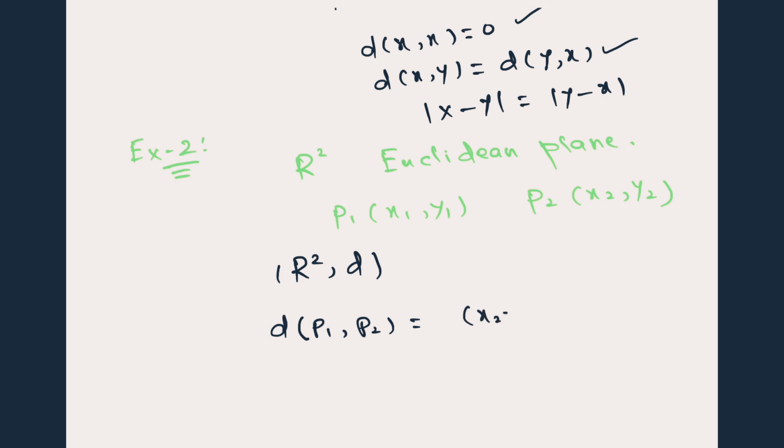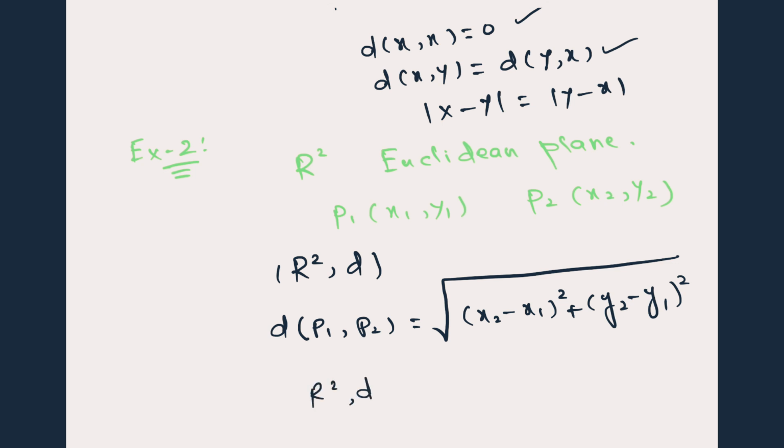This will be the square root of x2 minus x1 squared plus y2 minus y1 squared. So, this defines a metric space. We can easily verify that for the same point in the Euclidean plane, this will always be 0. Similarly, this is also commutative, and this also obeys the triangular inequality. So, R2, D is a metric space.